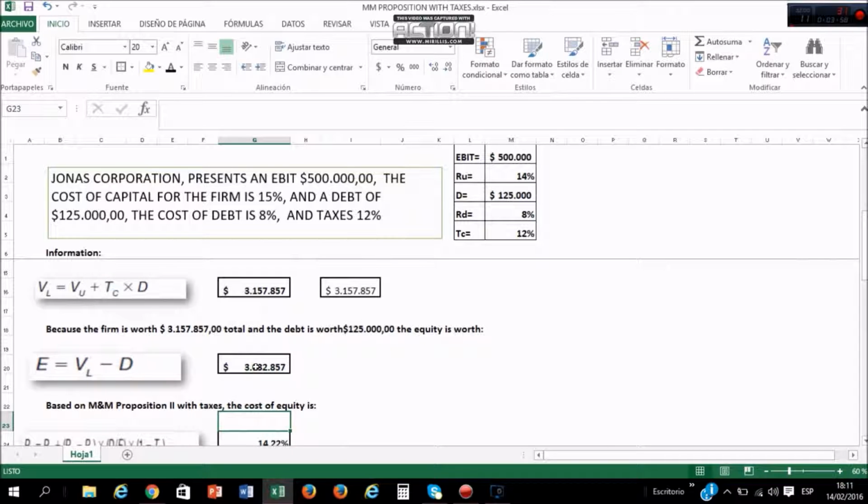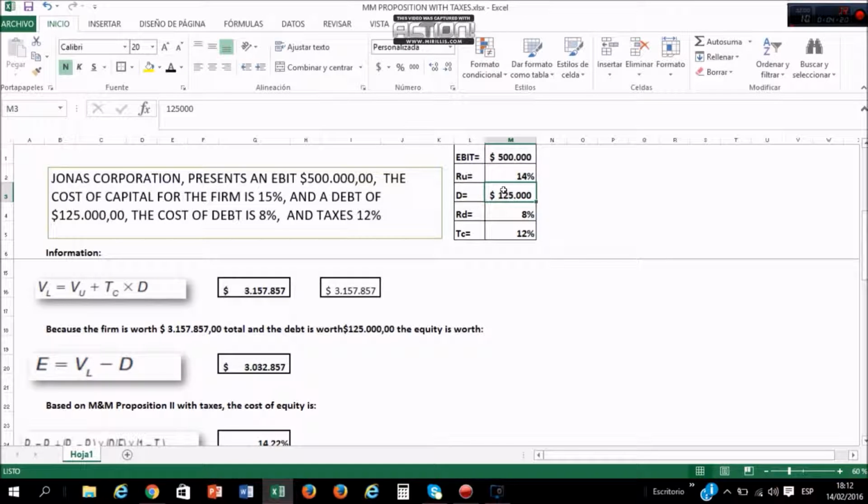The third step is to find the E, the equity of the company, that is equal to VL, the value of the firm with leverage, minus the debt of the enterprise.